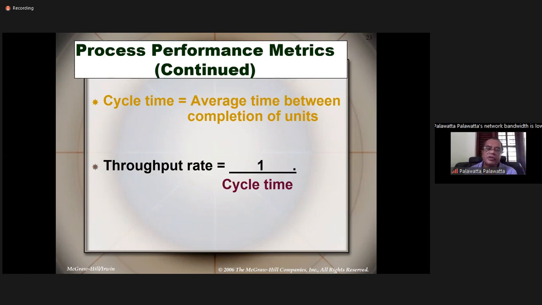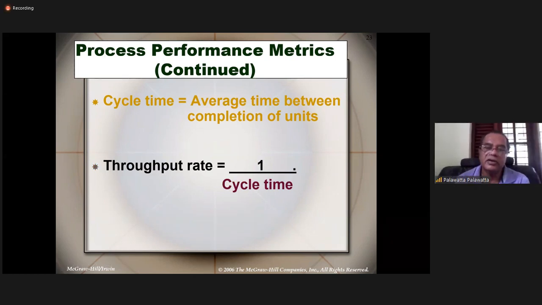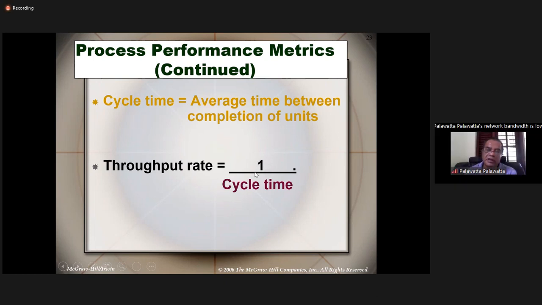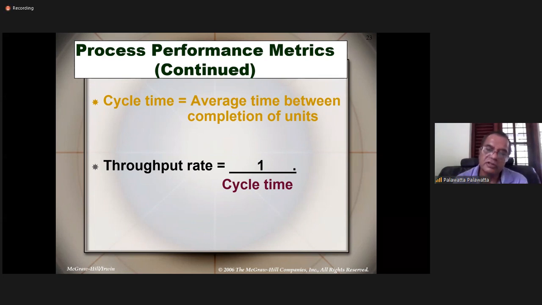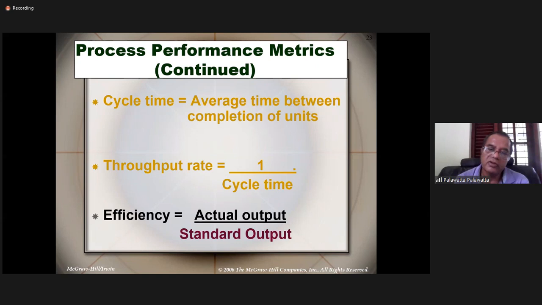In this one, throughput rate is 1 over the cycle time. This 1 can be 1 hour, or 1 minute, 1 day, 1 week, 1 month, 1 year. Depending on the dimension used, you have to calculate accordingly. For example, here 1 is an hour.